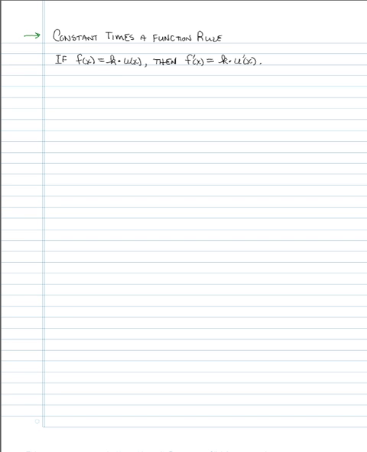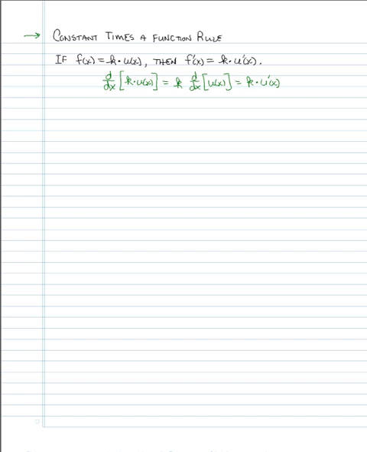Another way this could be written with our previous notation is that the derivative of k times a function u is k times the derivative of that function u. And once again, this points out that our concentration is now finding the derivative of the function u.